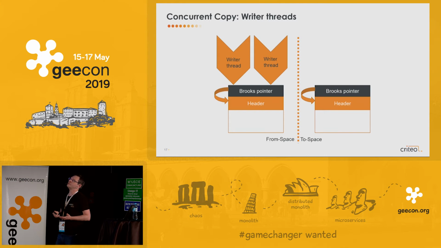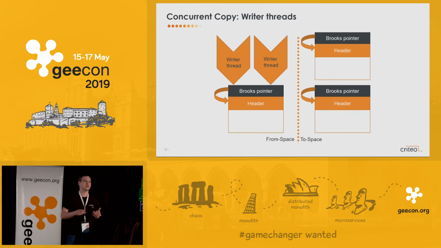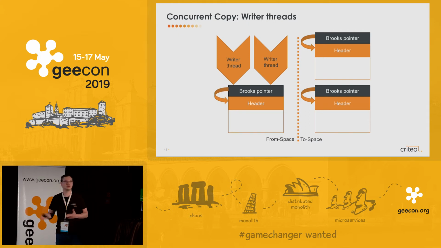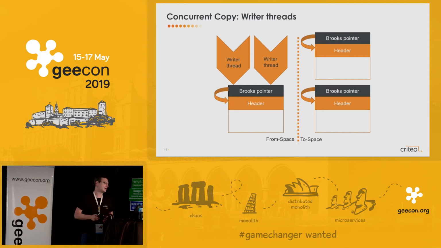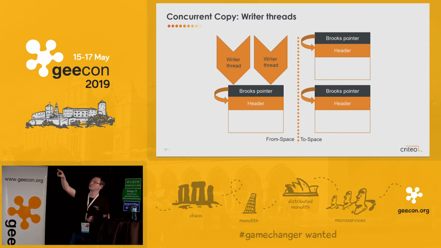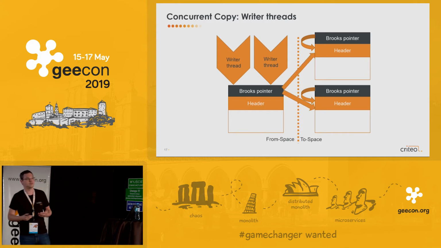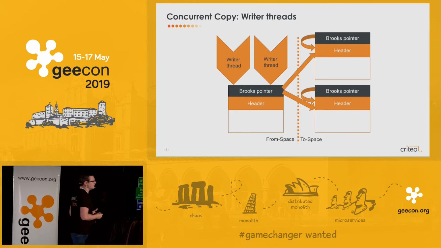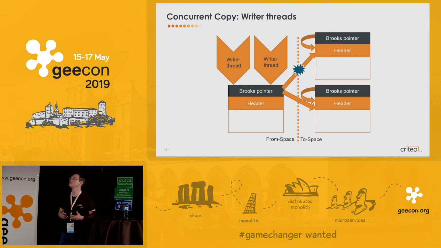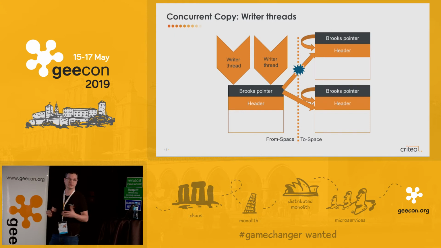So the two writer threads here will copy the object into the to space in two different locations, because each writer thread will copy its own object, and then they try to update the Brooks pointer concurrently for their own copy, but only one will succeed. It's a CAS operation, compare and swap.